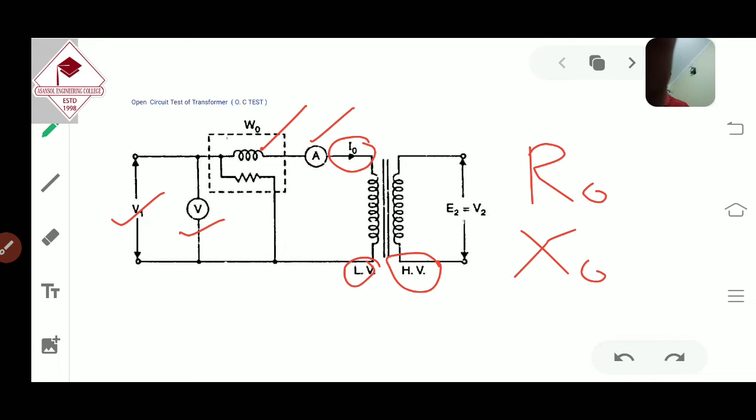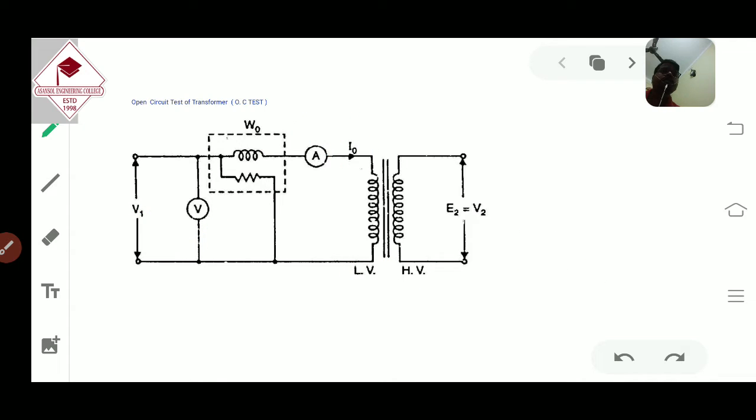Copper loss in the primary under no load condition is negligible as compared with the iron loss. Hence the wattmeter reading practically gives the iron losses in the transformer. It is to be remembered that iron losses are the same at all loads.